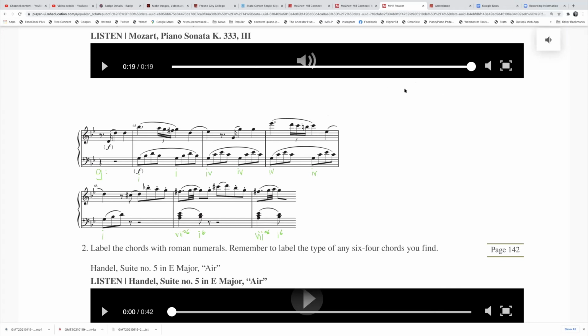Is it the pedal? Is it bass arpeggiation? I agree with that. Or that it's a pedal?